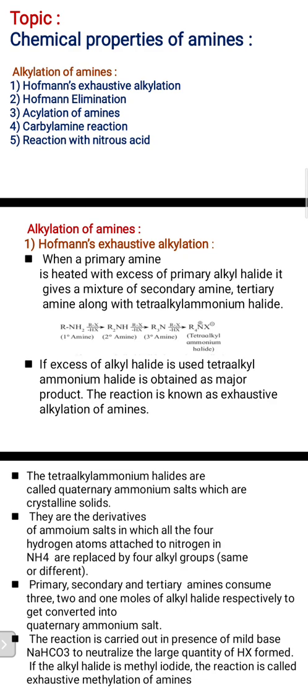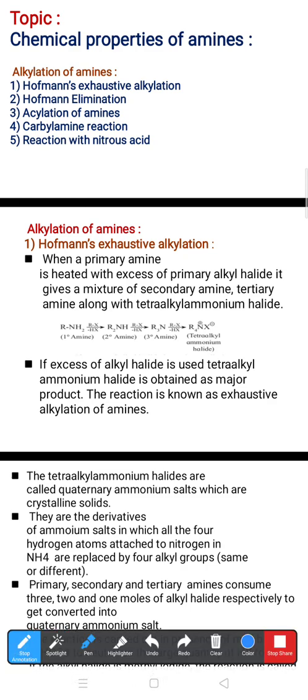We'll see the reaction. RNH2, the primary amine that you know very well, reacts with RX, alkyl halide. A hydrogen of the NH2 group can react with the halogen of the alkyl halide.